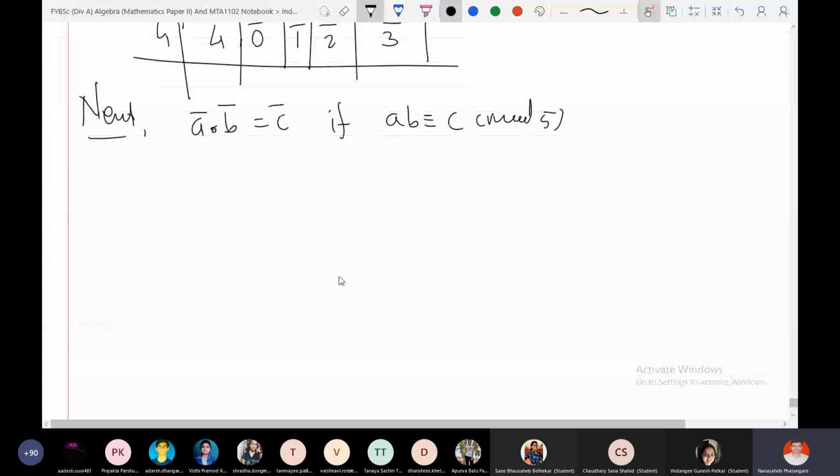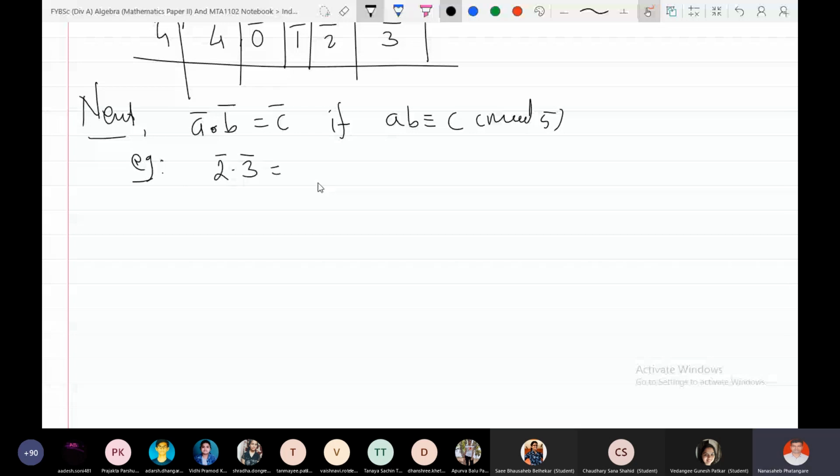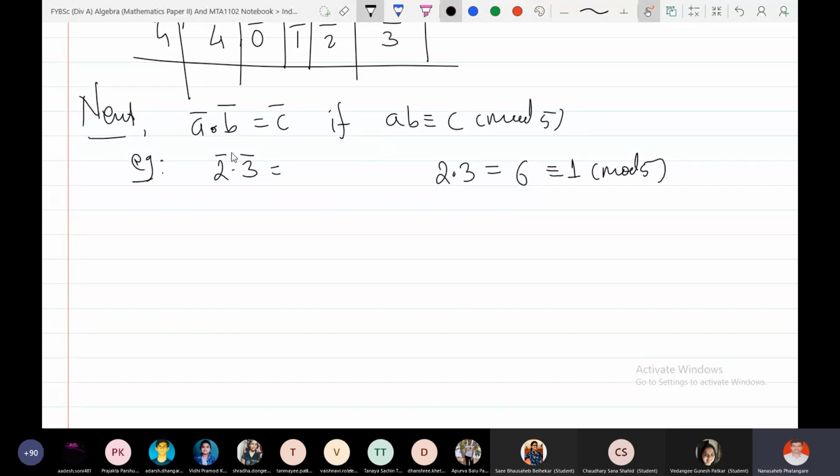So for example, what is 2 bar into 3 bar? What is the new class which is the product? I will just look at the representatives and multiply them. The product is 6, and 6 is congruent to 1. Therefore the class is 1 bar. Right?